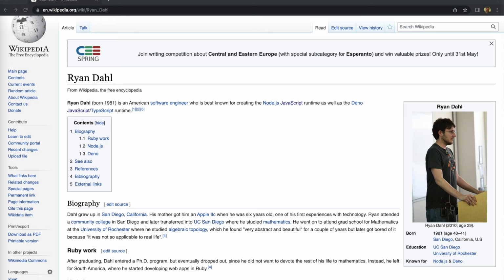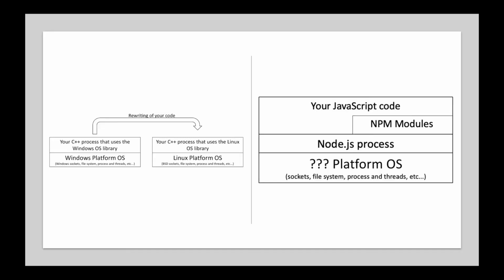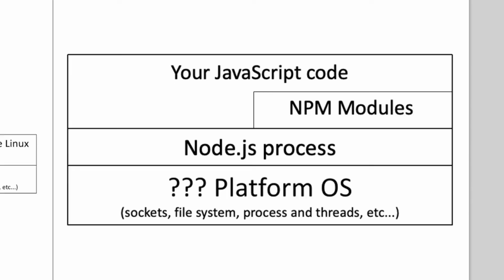No UI involved. I want to abstract away the interaction with, again, listening on sockets for UDP and TCP, doing the file system interaction. And so I can rewrite that layer, and then the Node JavaScript gets translated into the actual operating system calls.